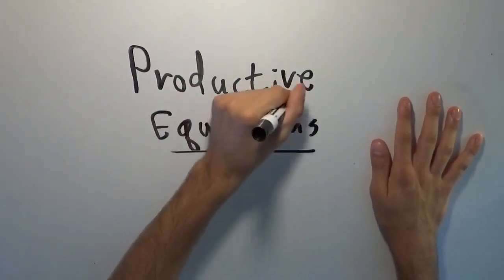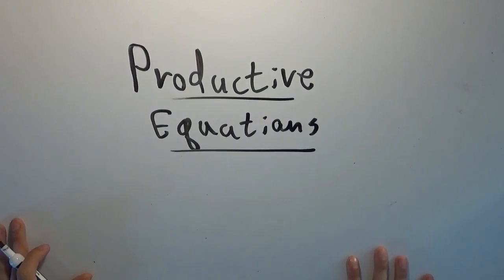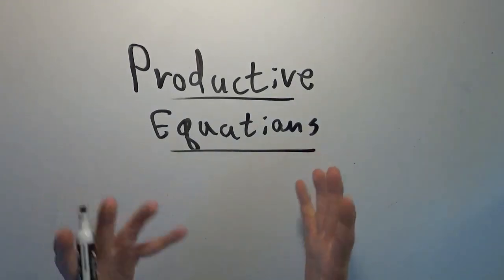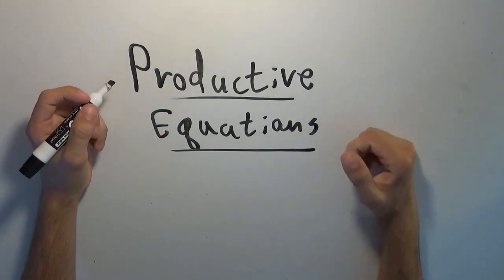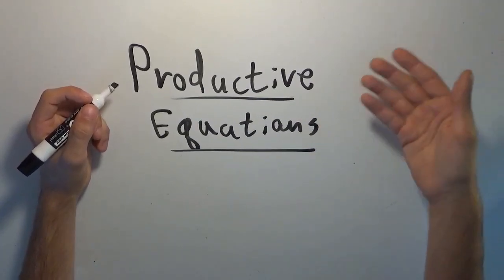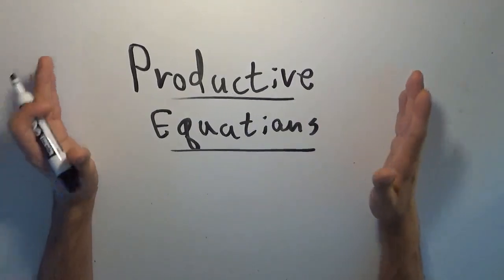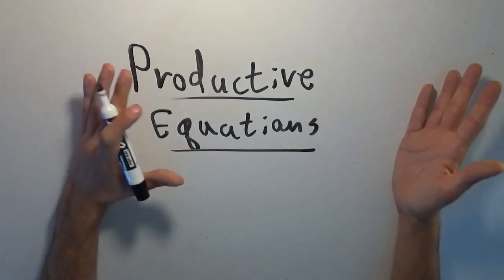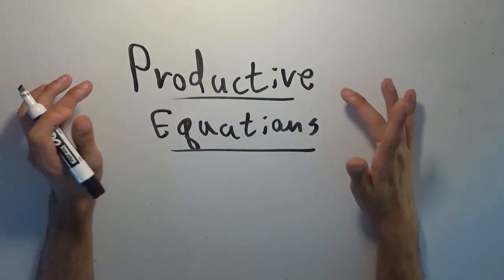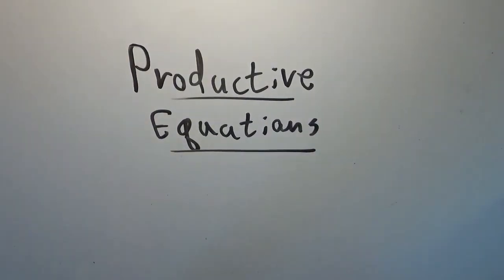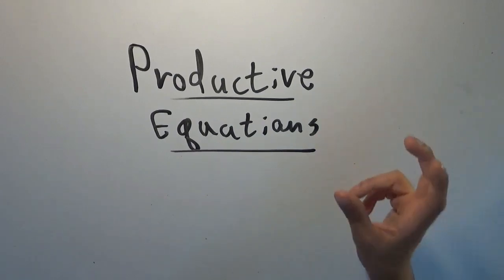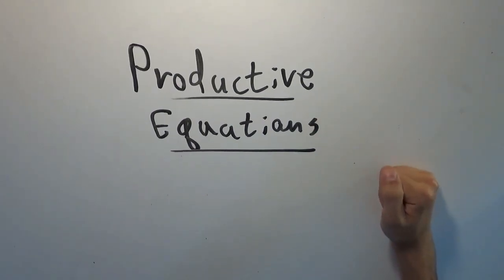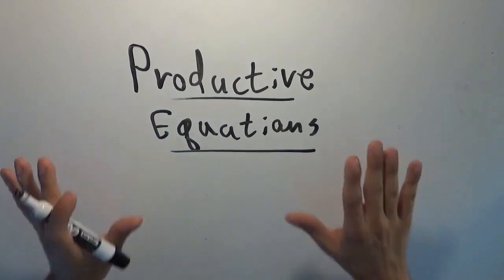So productive equations, as I see them, are differential equations that also include product derivatives. So if a product derivative is involved in the equation relating functions with functions as solutions, then it is a productive equation. Any differential equation that involves a product derivative or multiple orders of product derivatives is a productive equation. That's how I'm defining that.